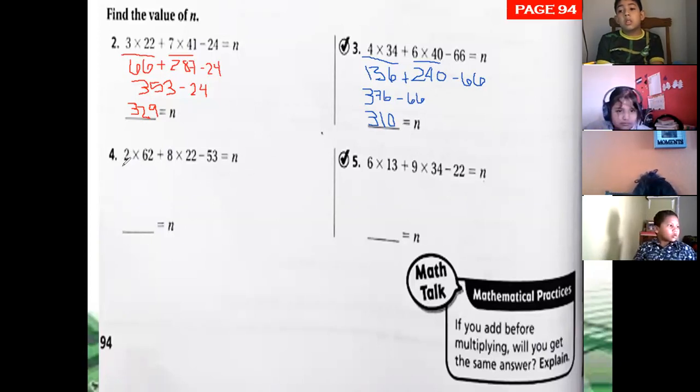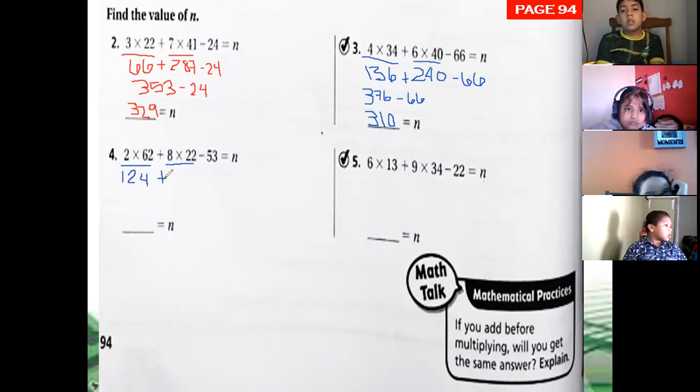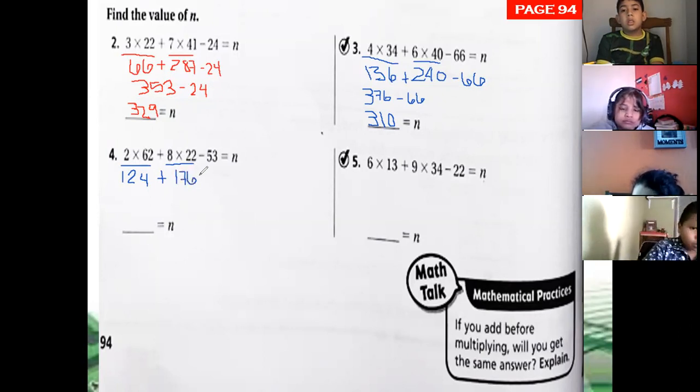So next exercise, multiplication first. 2 times 62 and 8 times 22. 2 times 62, 124. Plus the next product, 8 times 22. You have to be copying, completing the book. 176 minus 53.